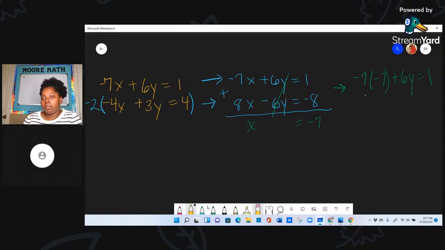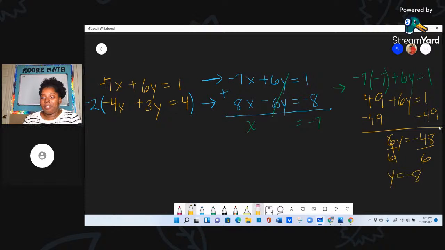And then that turned into 49 plus 6y equals 1. Excellent. And then I subtracted 49 from both sides and I got 6y equals negative 48. And then y equals negative 8. Nice job. Good job. y equals negative 8.